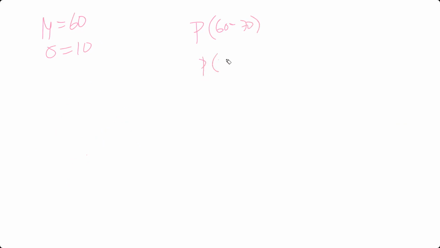Probability of 70 to 80. Probability of 40 to 50. Probability of 50 to 60. Calculate separately. Forget about the rule and everything.